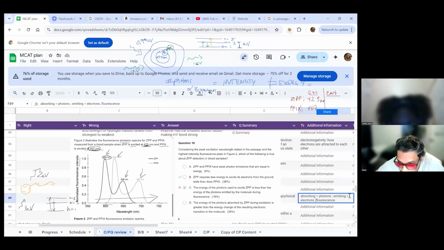407 nanometers. And they're telling me in the question stem that the highest intensity fluorescent peak in figure 2 is showing us, for ZPP, that the fluorescence emission is 595 nanometers, and for the PPIX it's 625 nanometers.